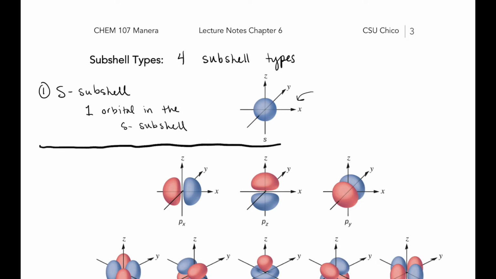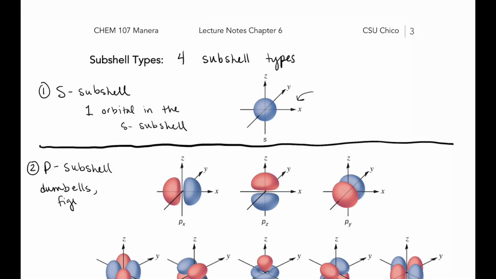The second type, if we kind of split these up, is called the P subshell. And this one looks sort of like maybe dumbbells or a figure 8. Okay, where we have no likelihood of the electron being in the middle, right?